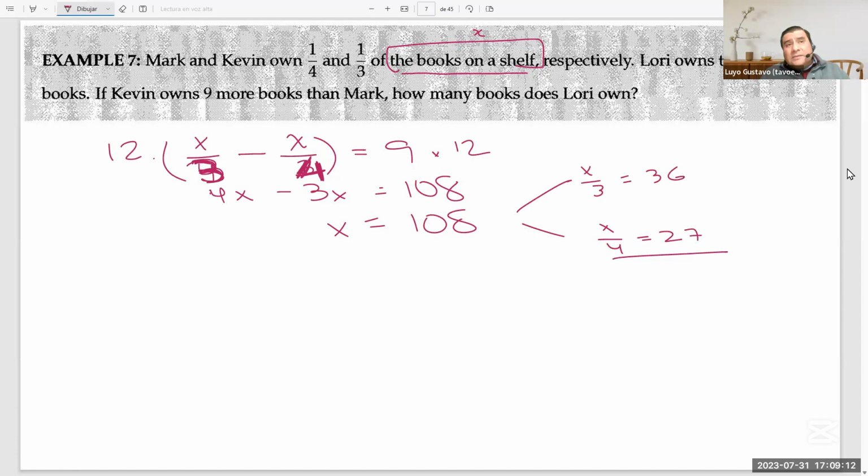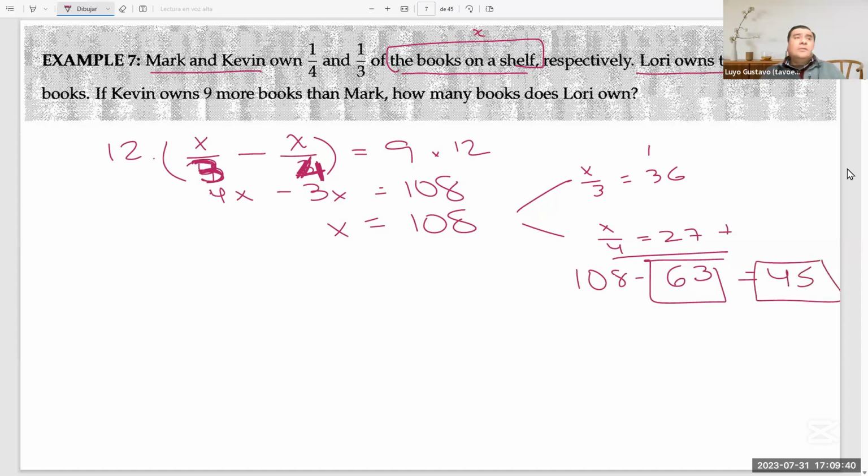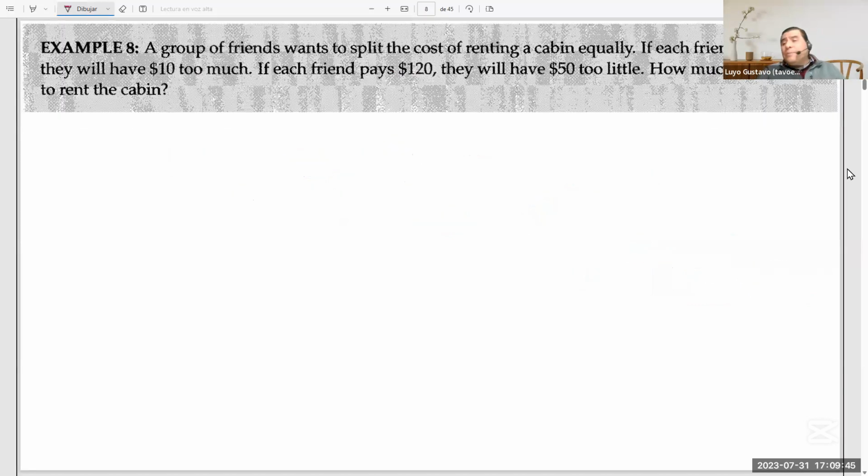Since these two add to which value? This is the total number of books owned by Mark and Kevin. The difference is Lori's, according to this part. So that's the difference between these two. So the answer is actually 45. 45 Lori's books. Okay, so let's see one more example.